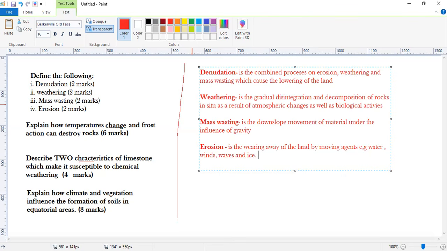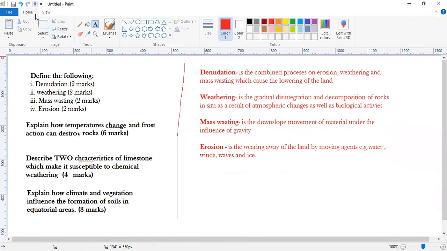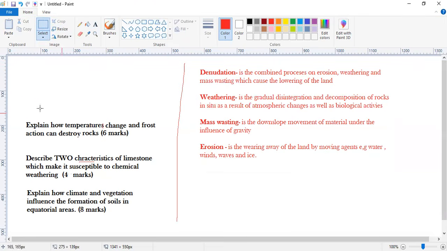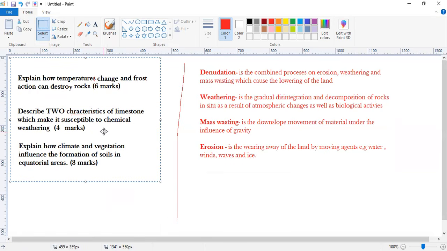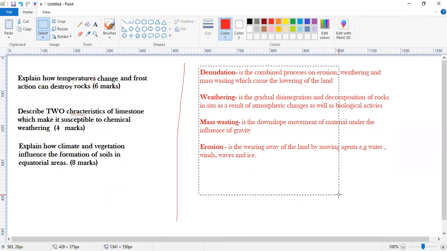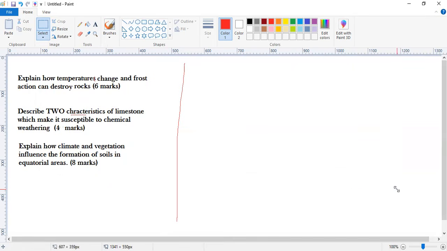Okay, so study your definitions. Let's move on and let's look at the second question. So we're going to move this out of the way and we're going to give focus to our second question.